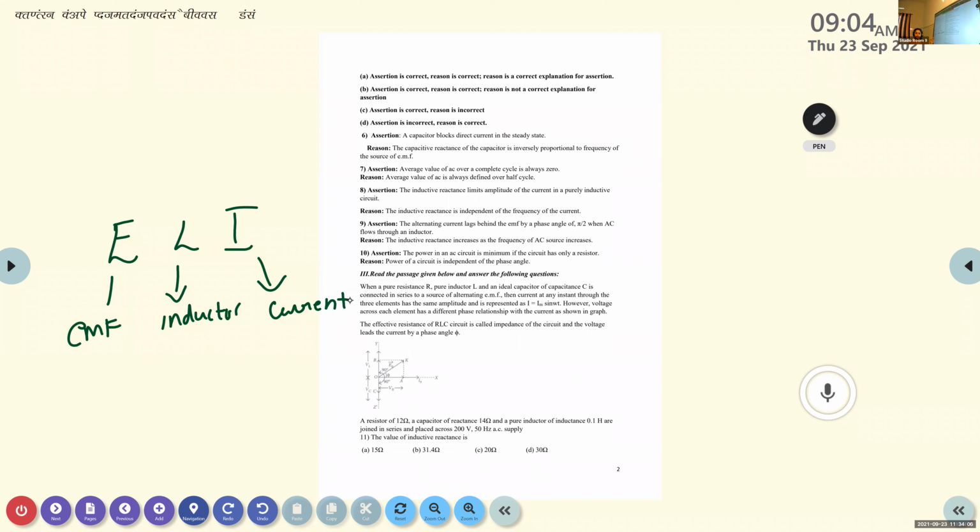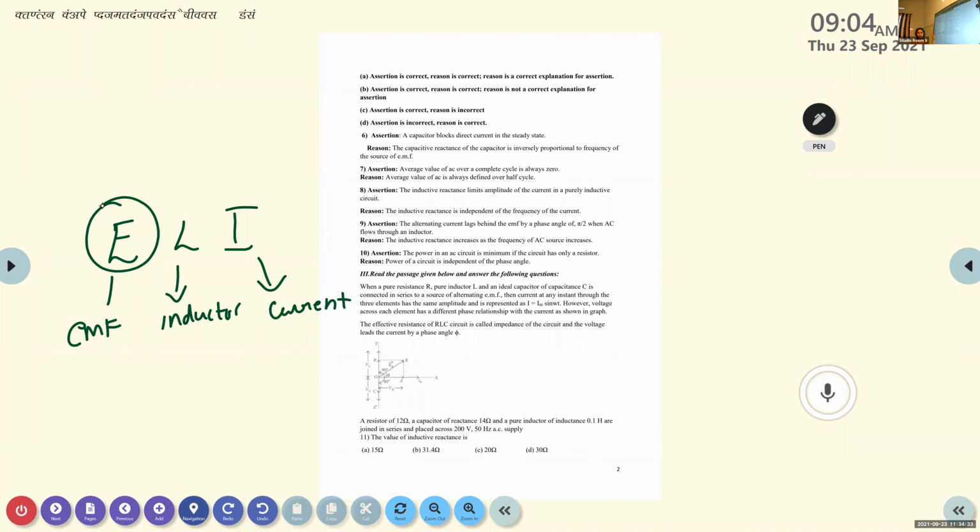Is the assertion correct or incorrect? In the case of an inductor, who leads, EMF or current? EMF. In the case of an inductor, EMF leads because E is the first term. So here EMF leads, and who lags here?